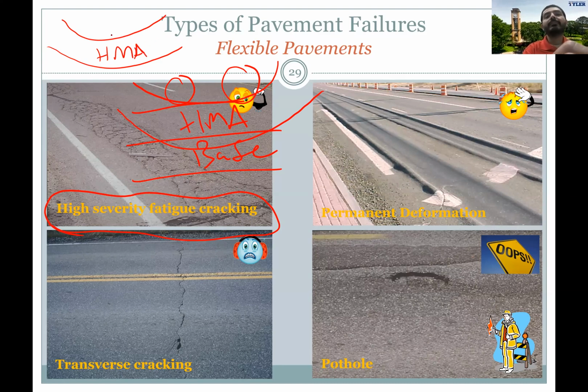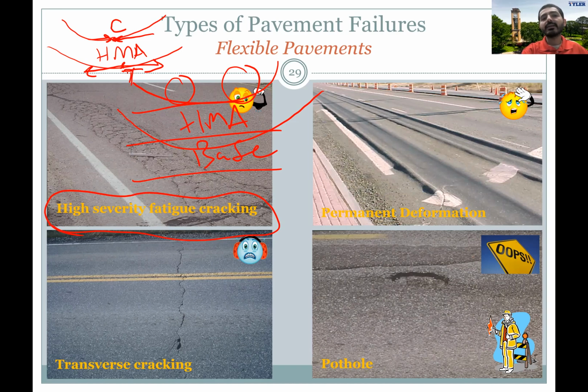The top of the layer is going to feel compression because the loading is on the top, while at the bottom I'm going to see tension. Hot mix asphalt, which is similar to Portland cement concrete, is a good structure to resist compression, but it's not a good structure to resist tension.